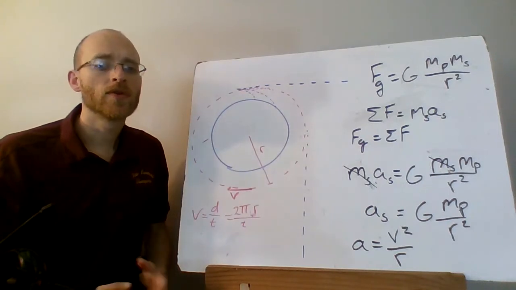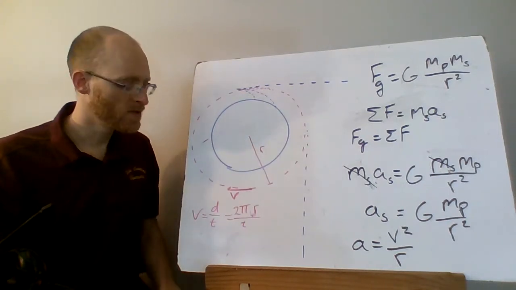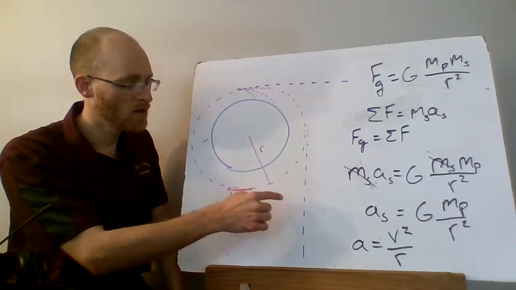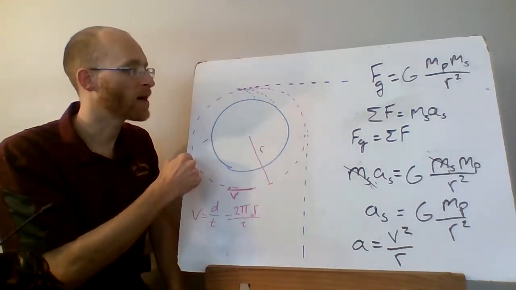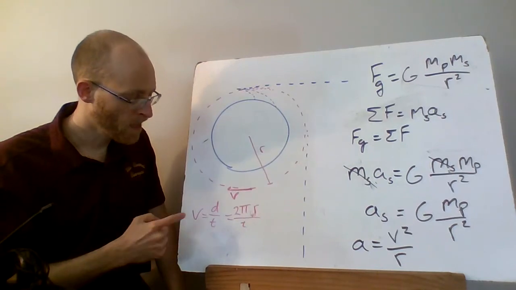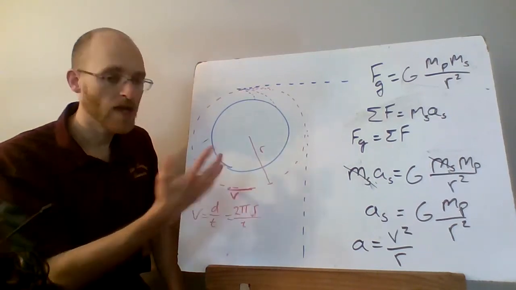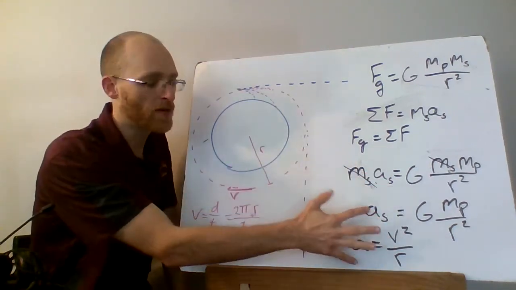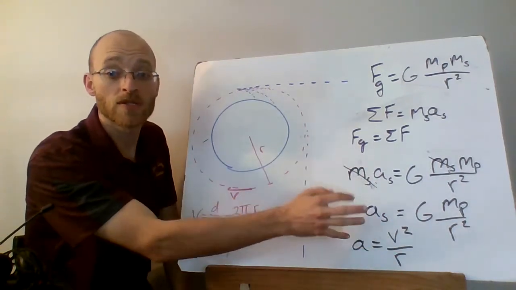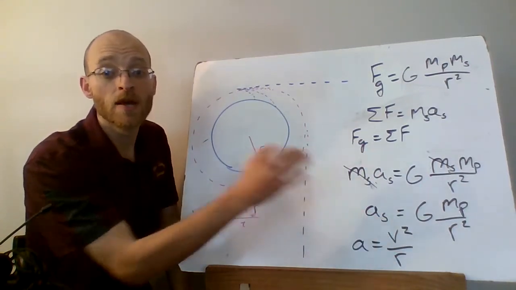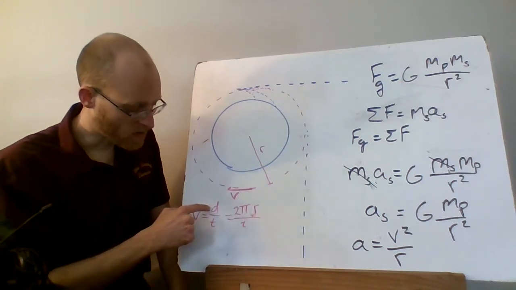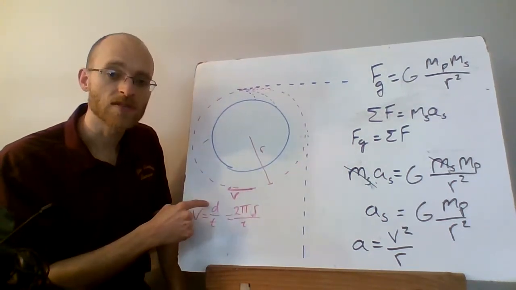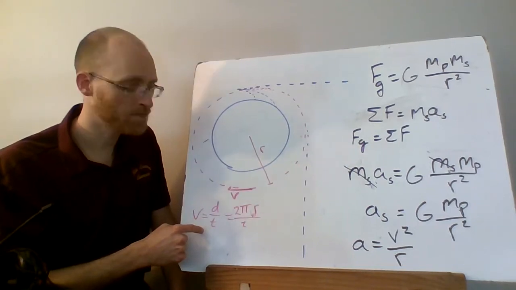The other thing you might need is finding the velocity of that object as it goes around. I have gotten an email about that. If you combine these equations, you get that master equation, and maybe you have the information to use that. But we can also just use good old classic kinematics, in which case we're saying the speed of an object is the distance traveled divided by time.